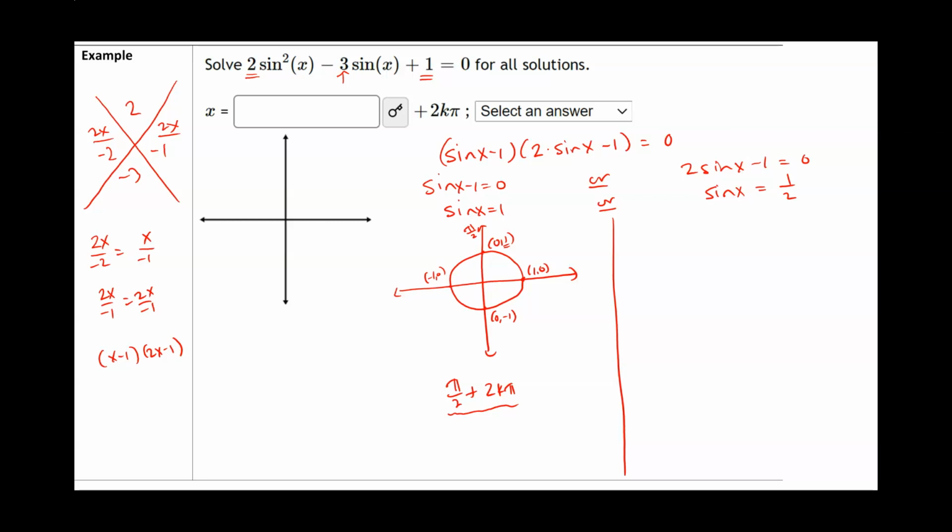So let's go through and figure out where sine is positive. Sine's positive in quadrant number 1 and also in quadrant number 2. This is where sine is positive. Sine is opposite over hypotenuse, so my opposite is 1 and my hypotenuse is 2.